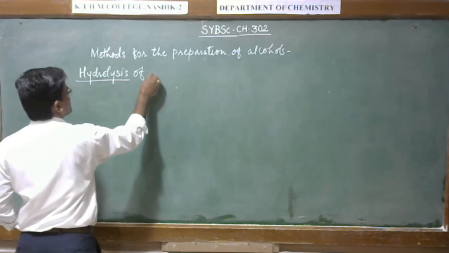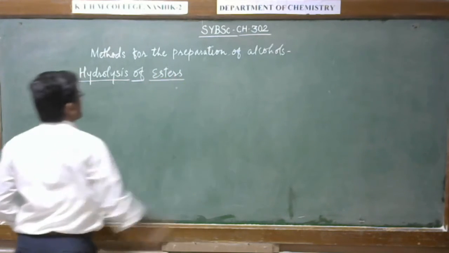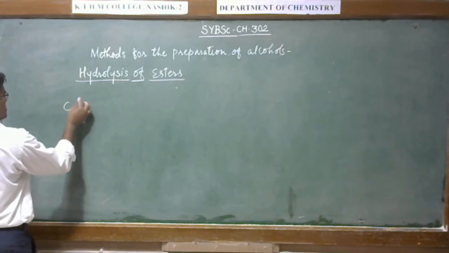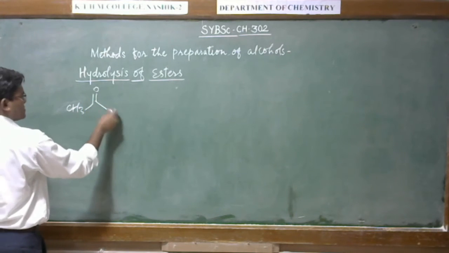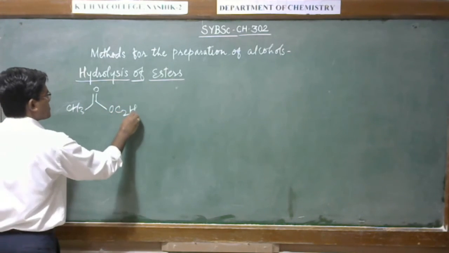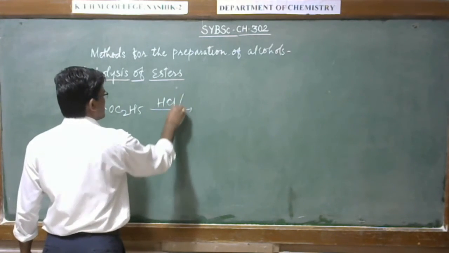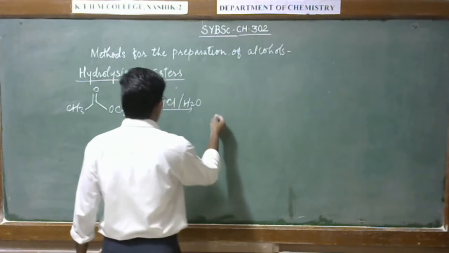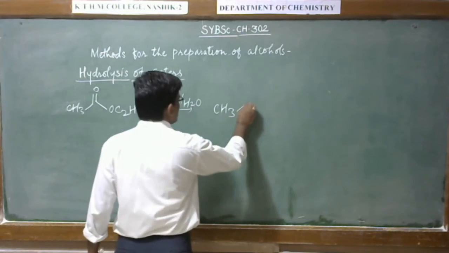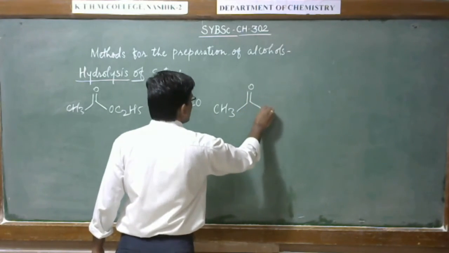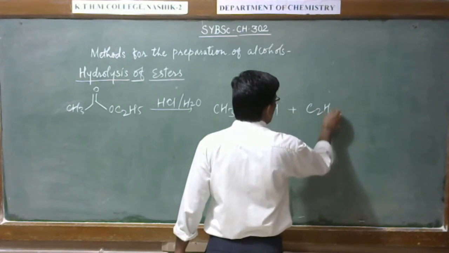Hydrolysis of esters. Okay, when you have this ethyl acetate and it reacts with HCl, it will give the hydrolyzed product. For example, acetic acid plus ethanol.